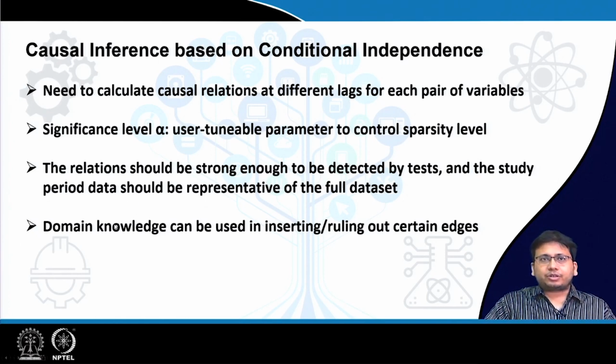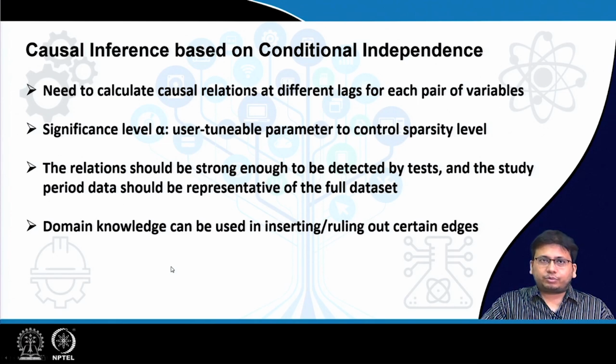And in some situations we may have some kind of domain knowledge, that is, according to our knowledge of physics, which climate scientists or other domain scientists may have, they can provide us clues that these two variables definitely have a relation, and this is a cause and this is an effect, or it might be negative also, that these two variables do not have a relation, which they may have found out by other methods.